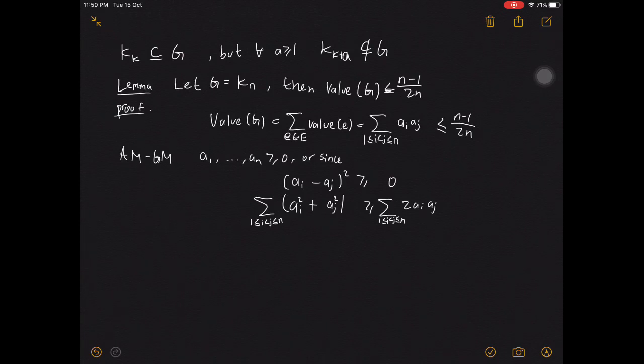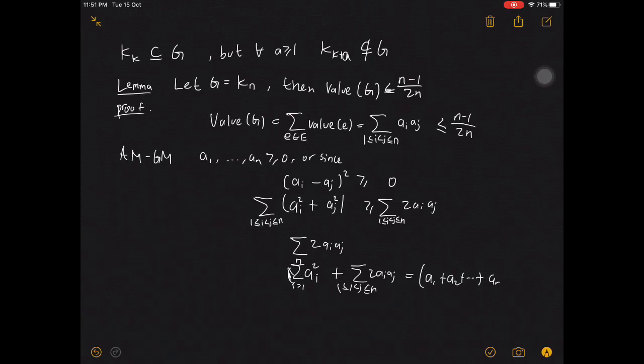Now we add the sum of 2 ai aj to both sides, so that on the left hand side, the sum of ai squared from i to n plus the sum of 2 ai aj, where i, j varies from 1 to n, gives us (a1 plus a2 till an) squared. So this is what I want.